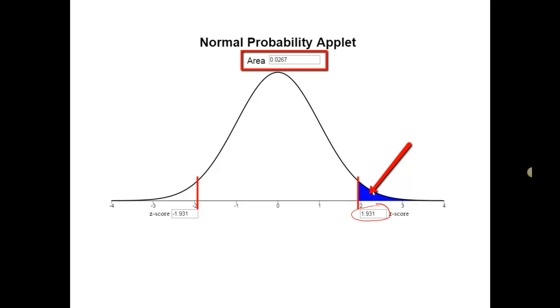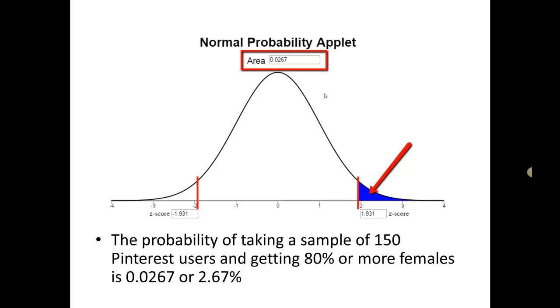I'm going to shade just the upper right tail because we wanted to know greater than 80%, and the resulting area is going to be my answer. So my conclusion: the probability of taking a sample of 150 Pinterest users and getting a sample proportion of 80% or more females would be 0.0267, or 2.67%.